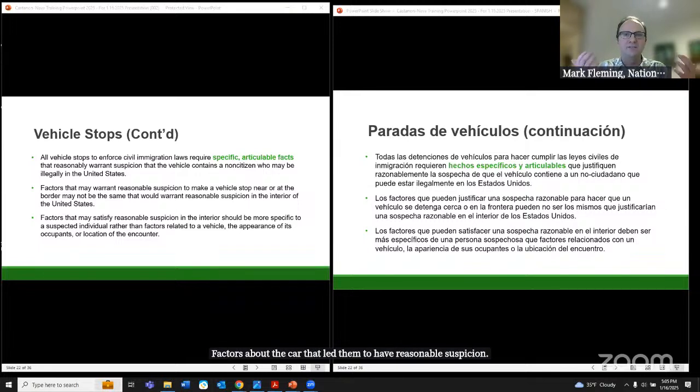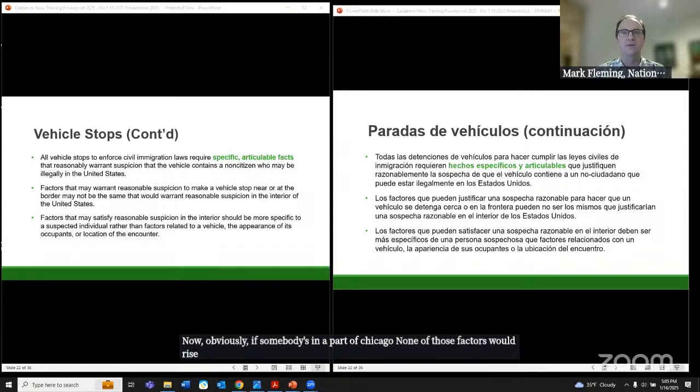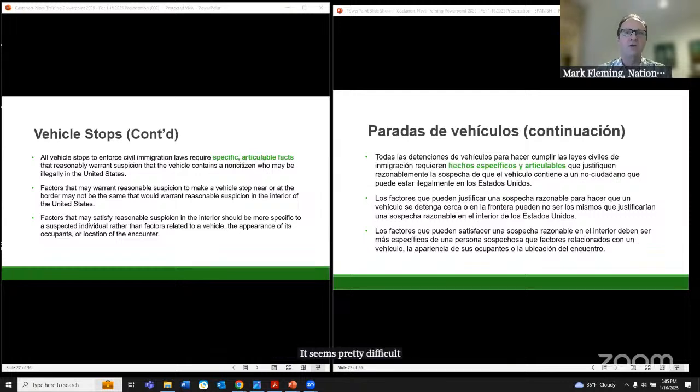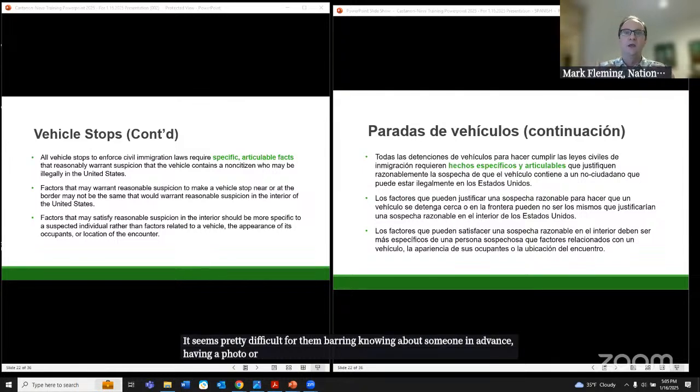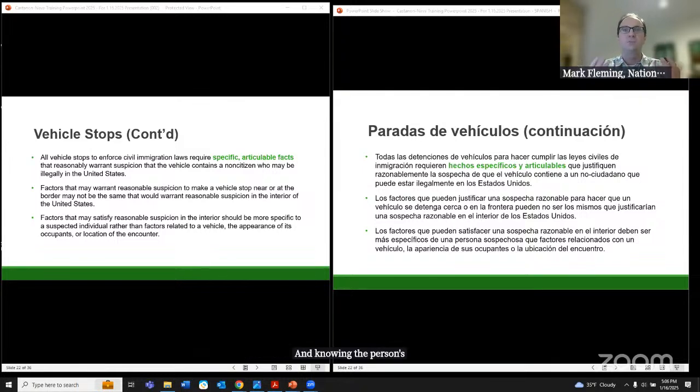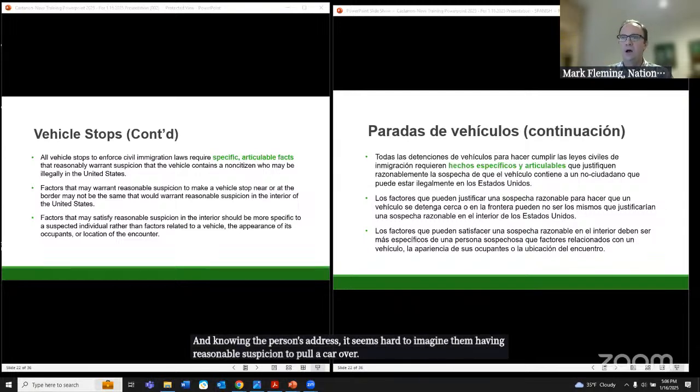Now, obviously, if somebody's in a part of Chicago, none of those factors would rise to reasonable suspicion that there is an undocumented or otherwise removable non-citizen in the car. And so we want to be looking closely at this factor if we start to see vehicle stops, because it seems pretty difficult for them, barring knowing about someone in advance, having a photo or administrative warrant, and knowing the person's address. It seems hard to imagine them having reasonable suspicion to pull a car over. Next slide.